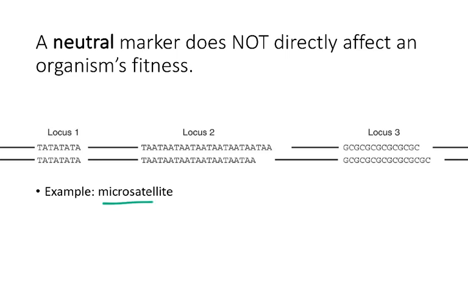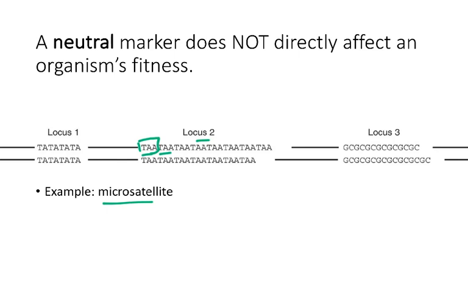We'll talk more about this later in the module, but overall, a microsatellite, as is shown here, is this stretch of repeating nucleotides. So at locus 2 here, the particular microsatellite is the 3 nucleotide sequence TAA repeated many times.